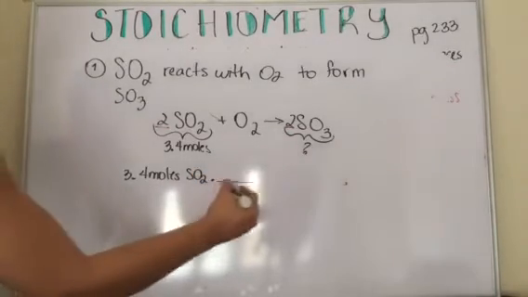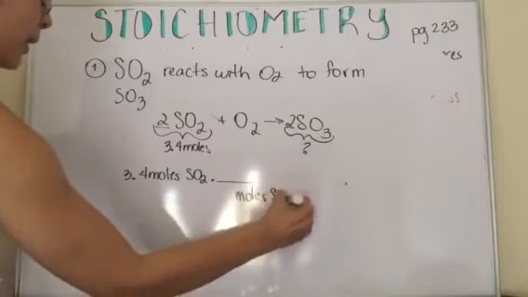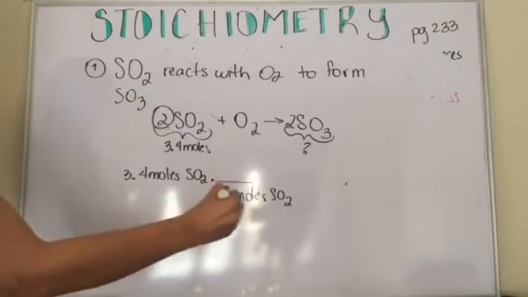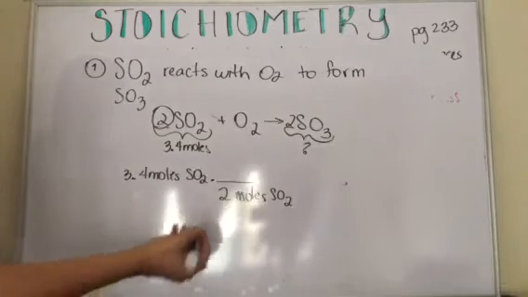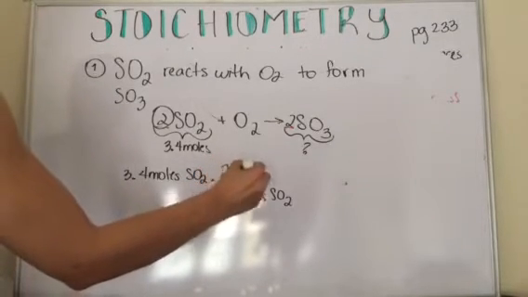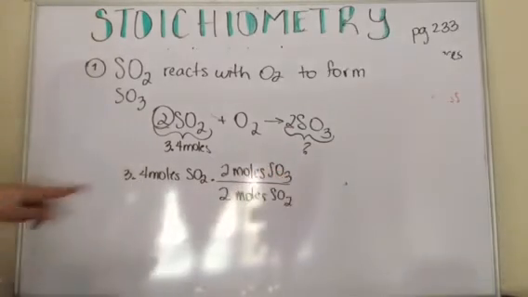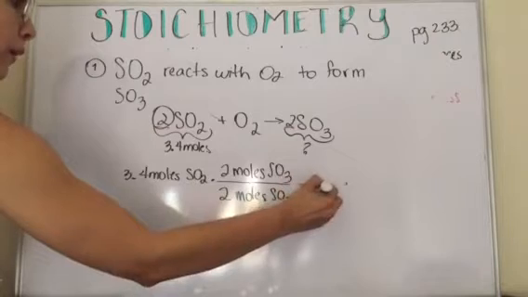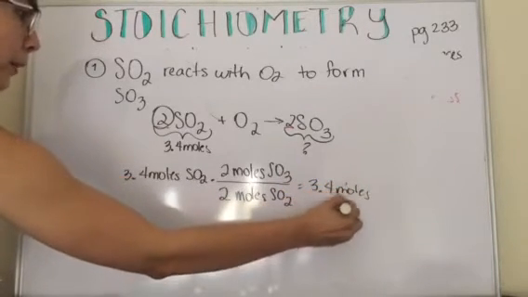I want to eliminate moles of SO2, so I put moles down of SO2. How many moles do I have of SO2? I have 2 moles. And how many moles of SO3 do I have? I have 2 moles of SO3. So in this case, 3.4 moles of SO2 is going to produce 3.4 moles of SO3.